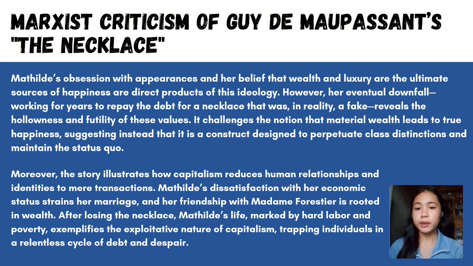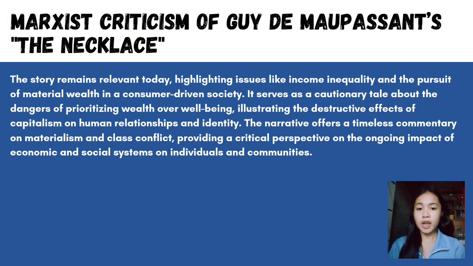In the fourth paragraph, it involves exploring the effects of capitalism on human relationships and individuals' identity. This paragraph emphasizes the destructive impact of capitalism on personal well-being and relationships, reinforcing the Marxist critique. The last step is to draw contemporary parallels.